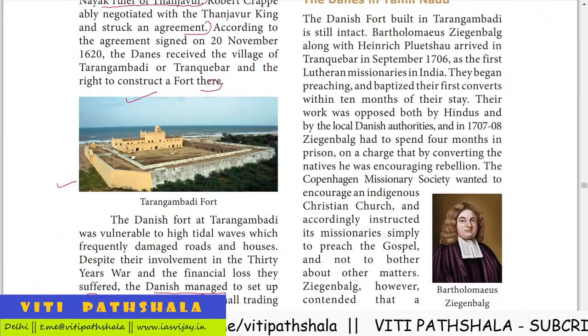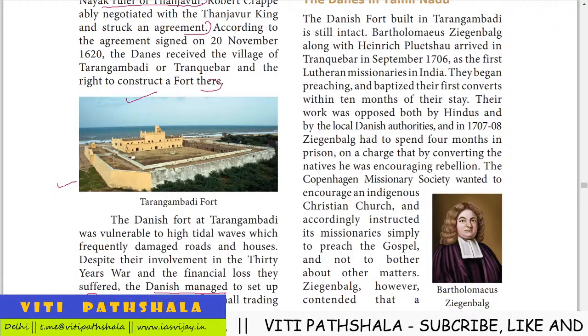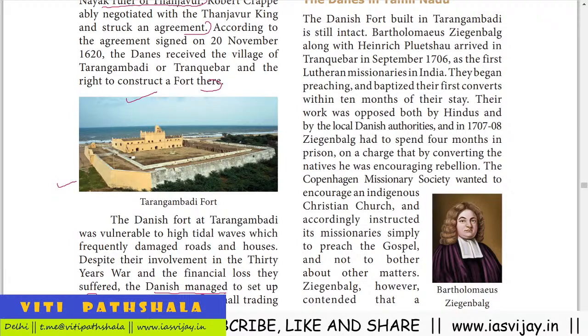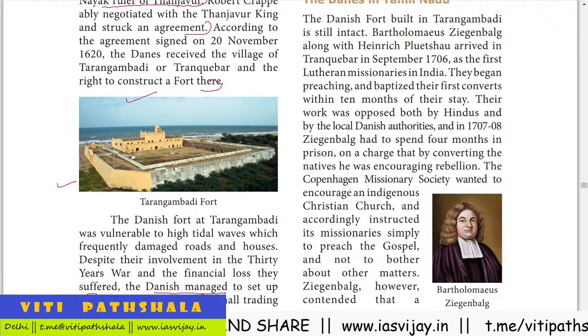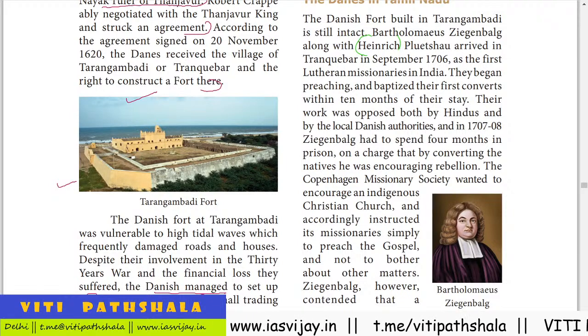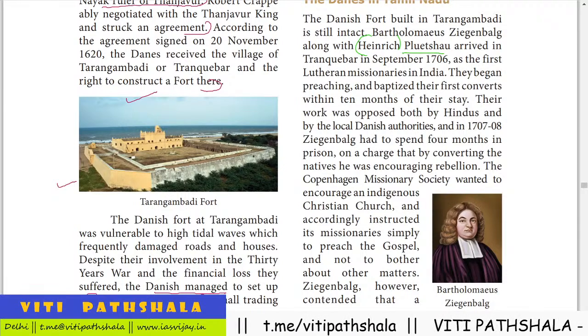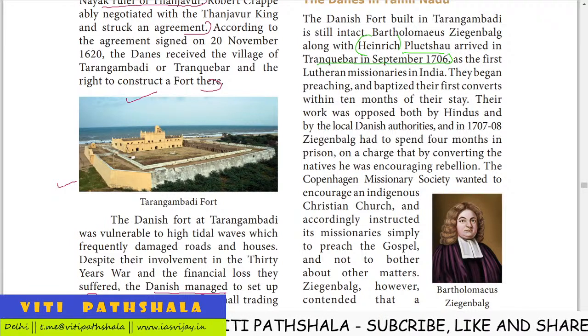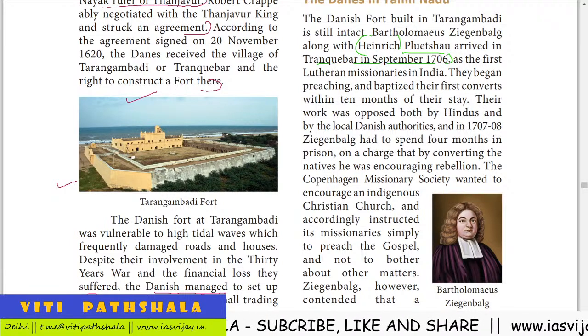The Danish fort built in Tranquebar is still intact. Bartholomaeus Ziegenbalg along with Heinrich Plutschau arrived in Tranquebar in September 1706 as the first Lutheran missionaries in India.